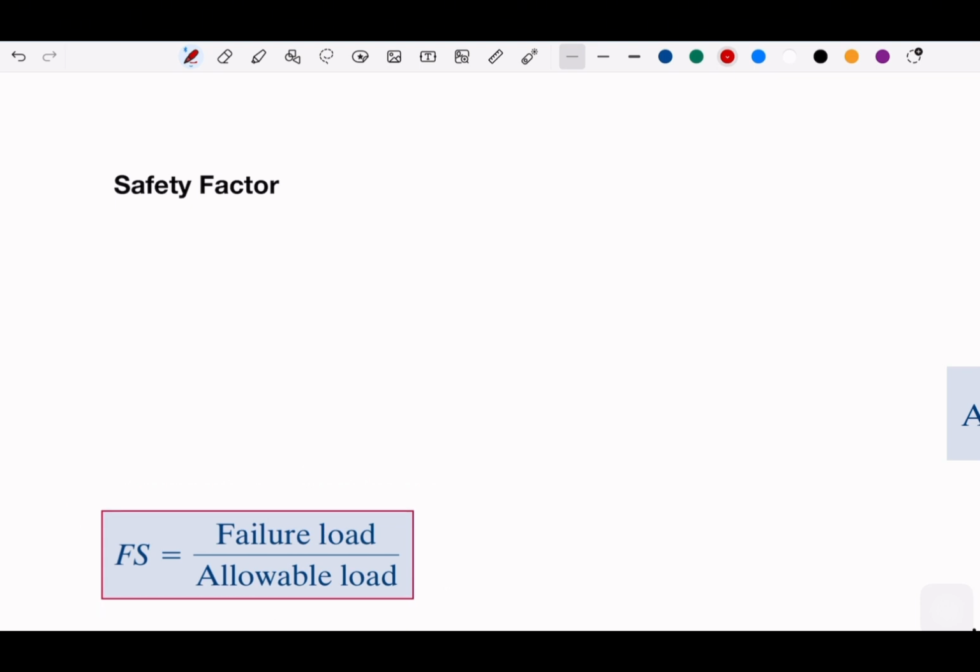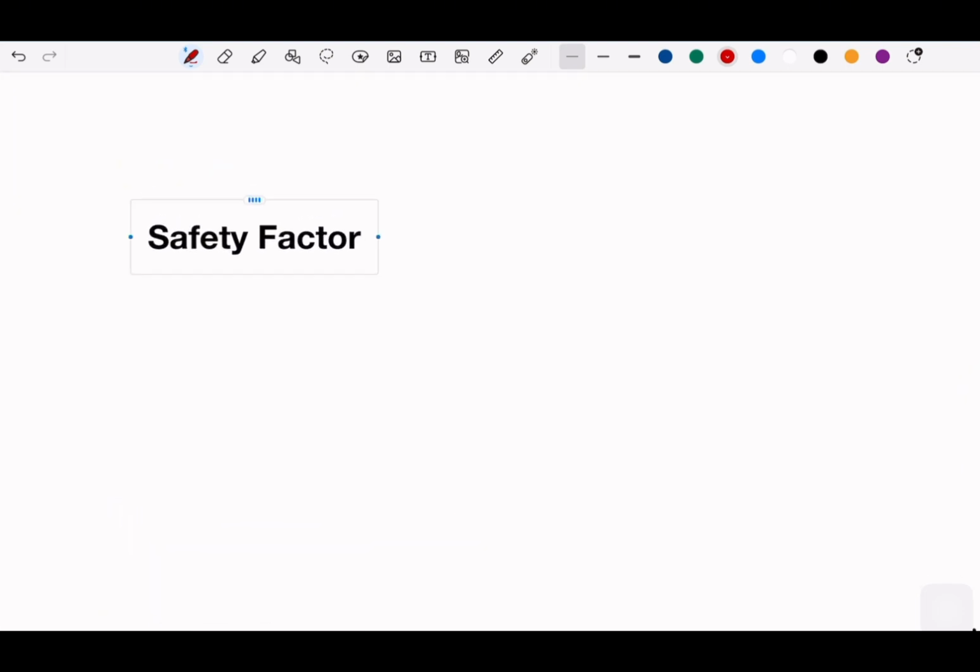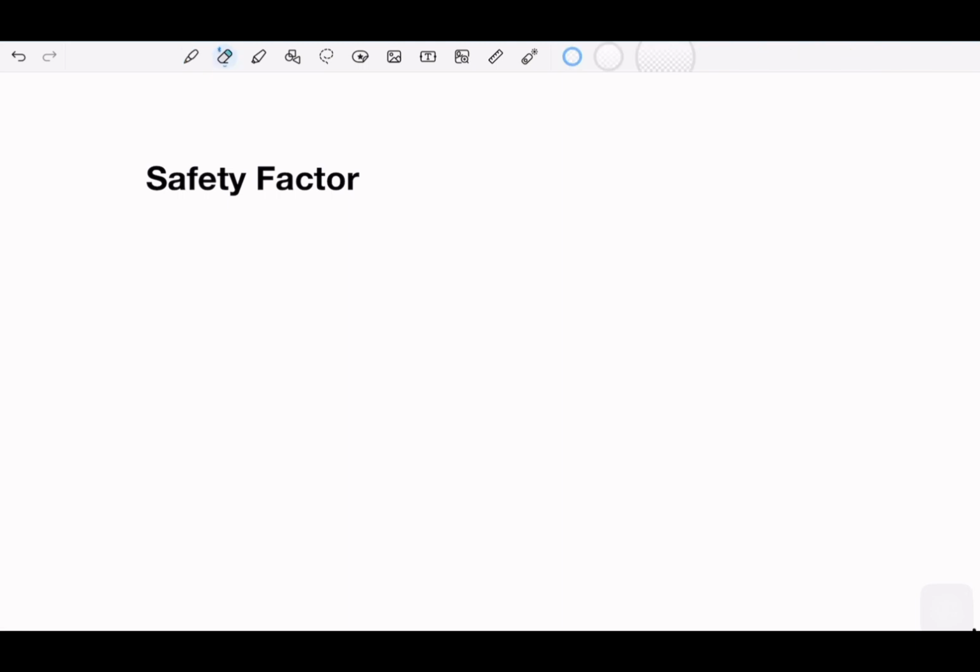So the safety factor. In design, if you are designing a structure or equipment, then you need to apply all your fundamental mechanics, all the principles, all the equations. So let me write here the importance of engineering design.